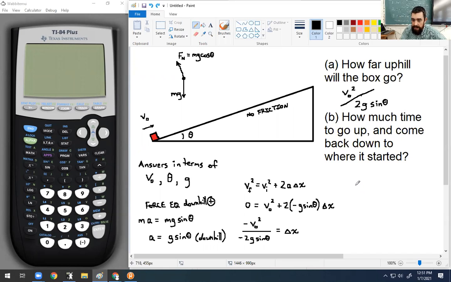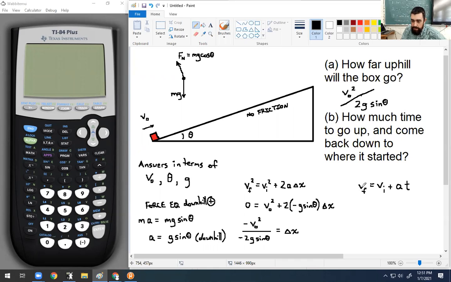So for this, I can use the equation Vf equals Vi plus A times T, where, and now I'm just going to look at half of the motion right now, because, well, actually, one thing I could do is I could get the two at once.